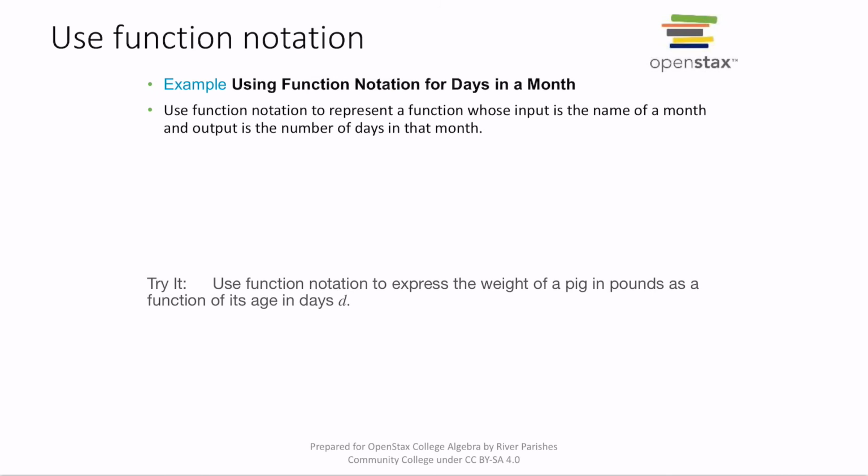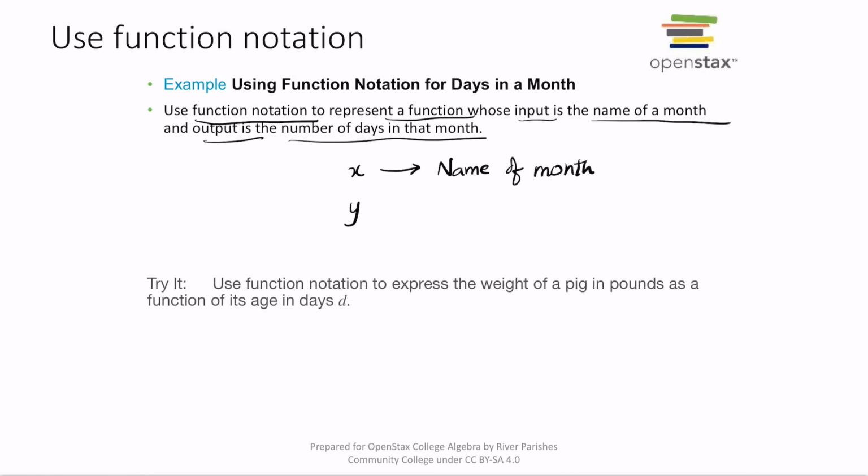So in the same way, now try and represent this. They're asking you to use function notation to represent a function whose input is the name of the month and the output is the number of days in that month. So input x here should be the name of the month, and the output y should be the number of days in the month.